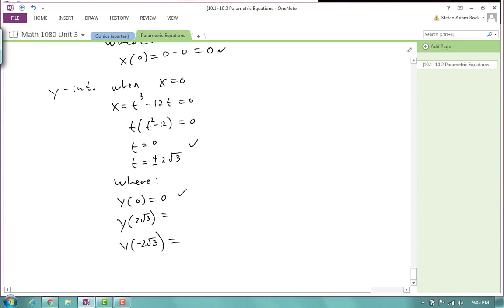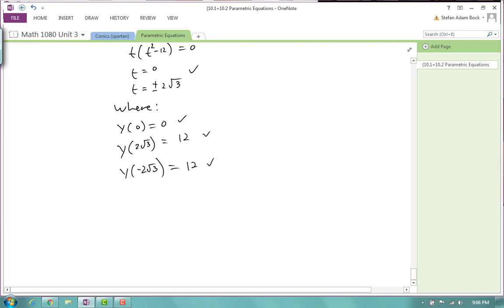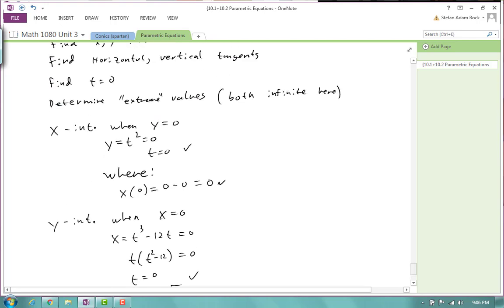But when I square these, the same thing is going to happen. I'm going to get 12 and I'm going to get 12. Which means I have two y-intercepts of 12 at different times. So I know right now that this is going to be a self-intersecting curve. So I should also find, maybe I can squeeze that in right over here.